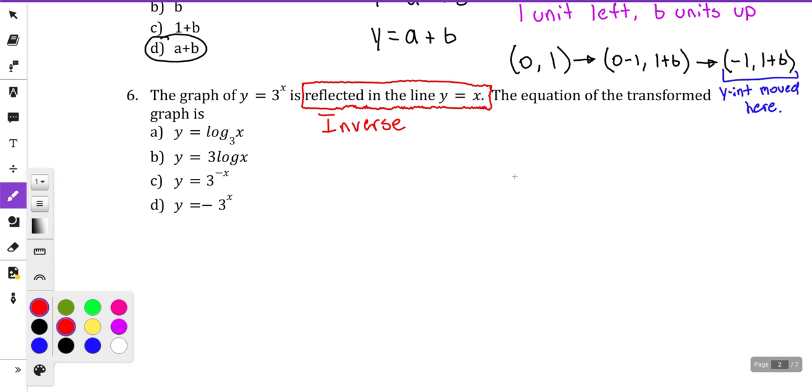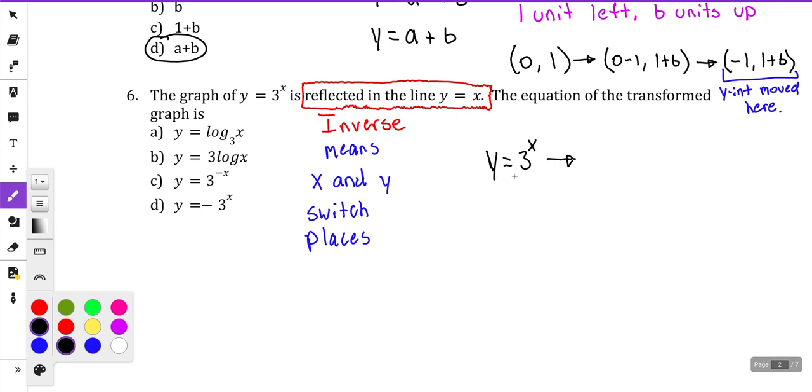The inverse means x and y switch places. So I started with y equals 3 to the power of x, and it became x equals 3 to the power of y.